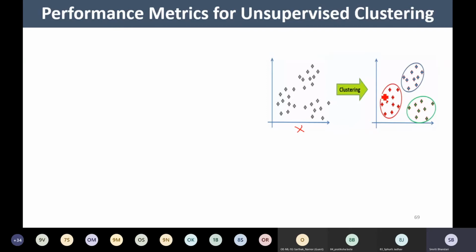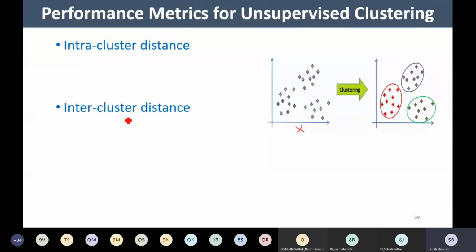Now, if I want to evaluate the performance of such clustering algorithms, there should be some performance metric. We have 2 performance metrics for assessing clustering algorithms, known as intra-cluster distance and inter-cluster distance.